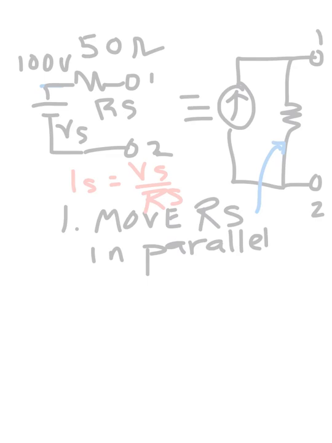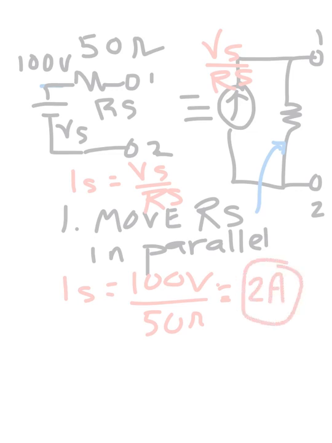The current source is defined by the battery on the left, which is 100 volts, divided by the resistor that you moved. So what you've got up there is 100 volts. IS is 100 volts divided by the resistor, which is 50 ohms. You end up with 2 amps.